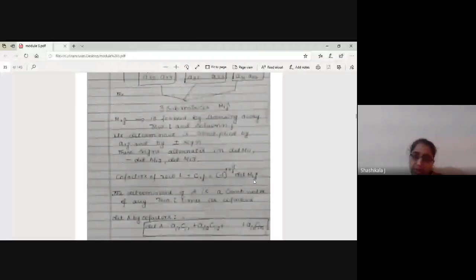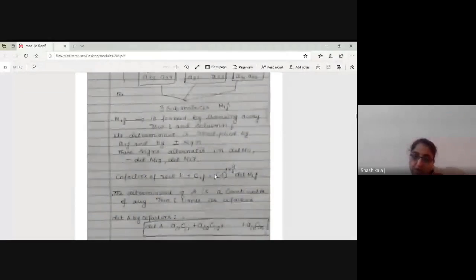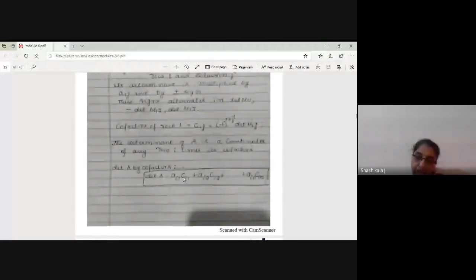So once you find this determinant, the sign is taken care of by minus 1 to the power of 1 plus J, and then that is multiplied with your A1J value. Whatever value you get, write it as it is, because the sign is already taken care of here.